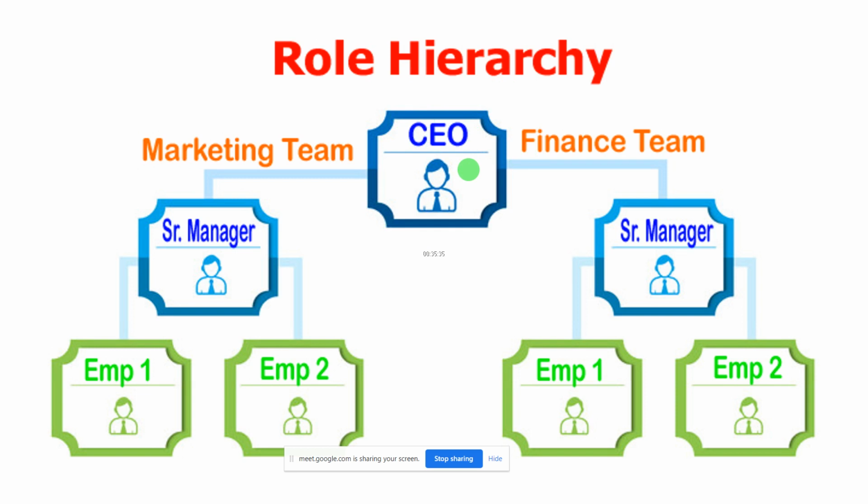Once he gets the username and password from Salesforce, he can create user IDs for senior managers, and give them access to create usernames and passwords for their employees. In real-time projects, mostly the administrator will create usernames and passwords.